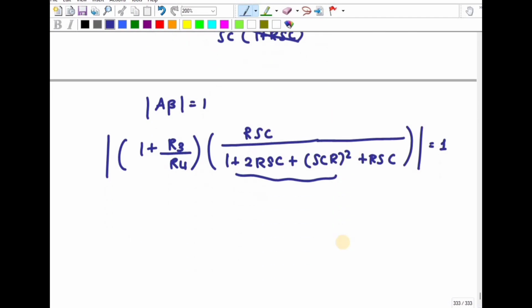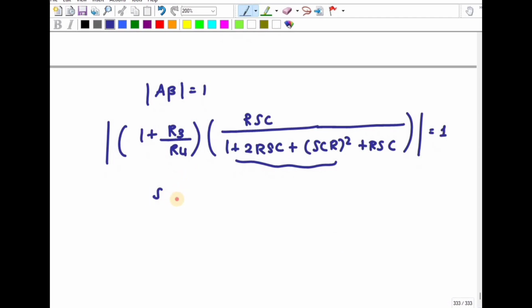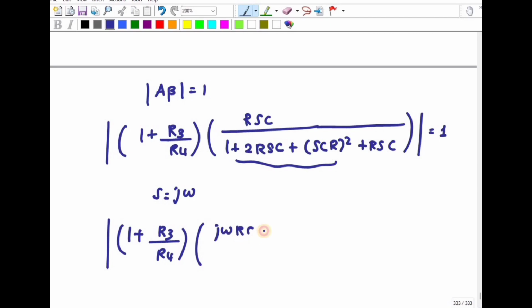Now if I substitute S is equal to J omega, I will get 1 plus 3 J omega RC, because if I add this, I will get 3 RC. So instead of S, I am substituting J omega, so omega square R square C square. J square is equal to minus 1.